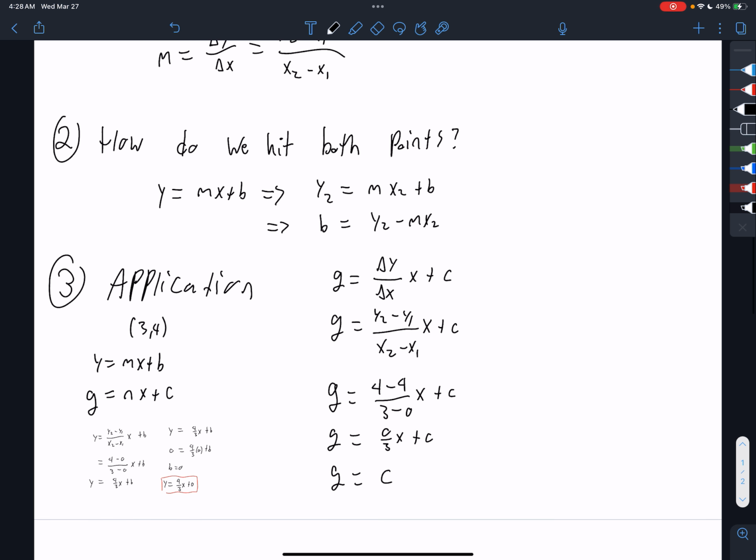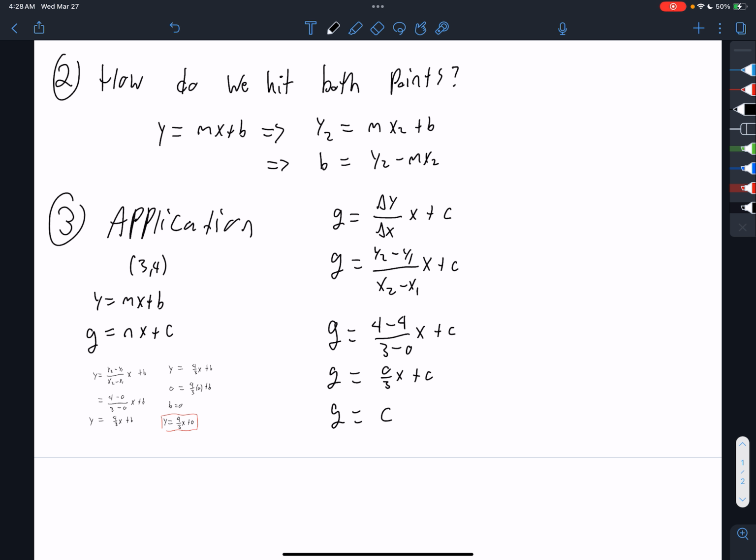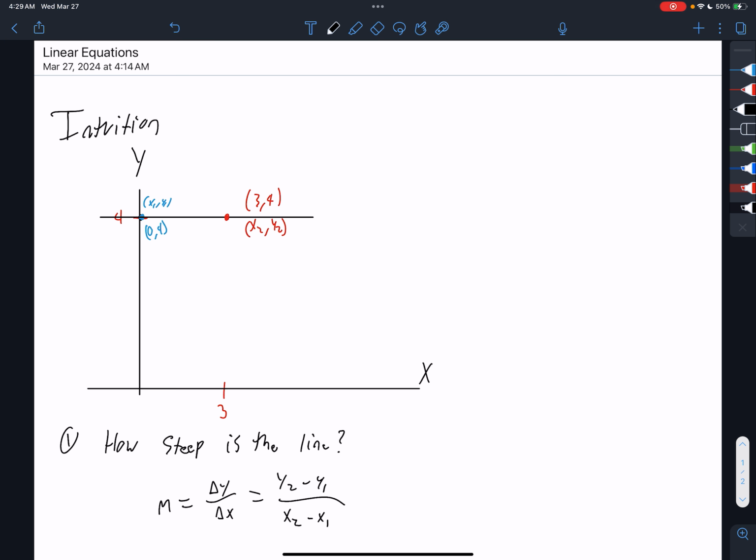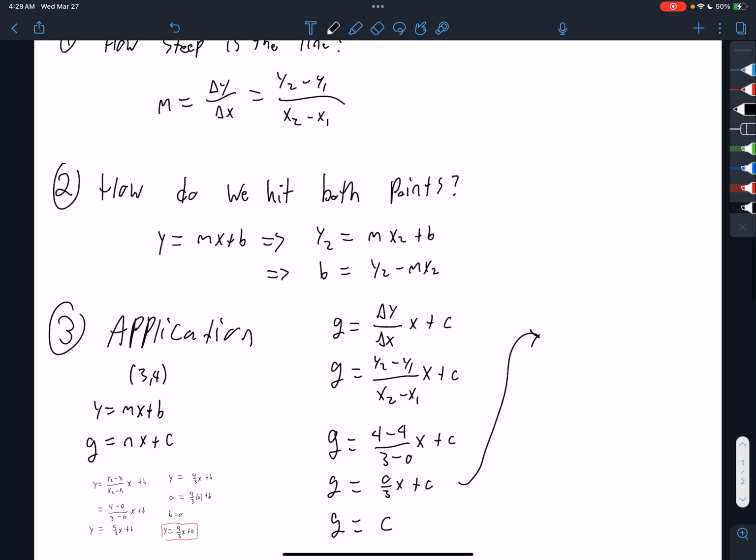Okay, now what are we going to do next? The next step is, how do we hit both points? Well, in this case, even if we left it as this, we'd be able to see it clearer. So first I'll use this equation. We know that our G, or our Y in this case, quote unquote, if we pick this point, our Y is 4, and that's equal to 0 over 3 times x.